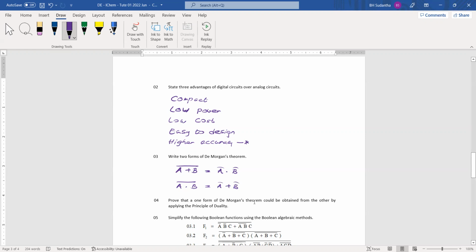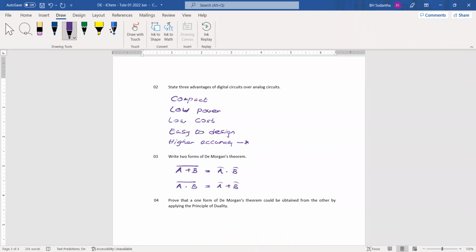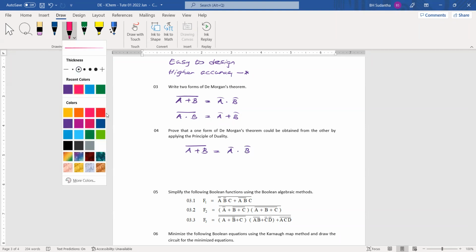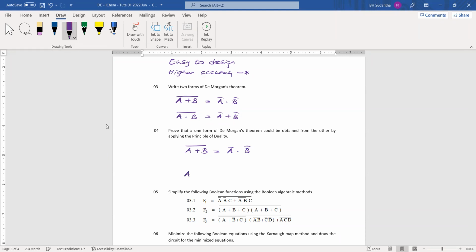Prove that one form of De Morgan's theorem could be obtained from the other by applying the principle of duality. This is the same one.